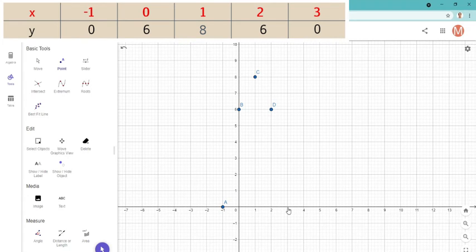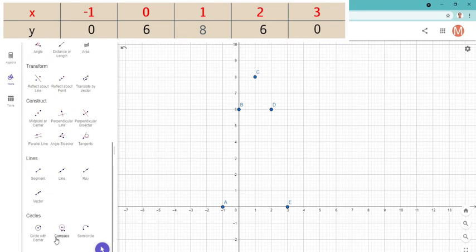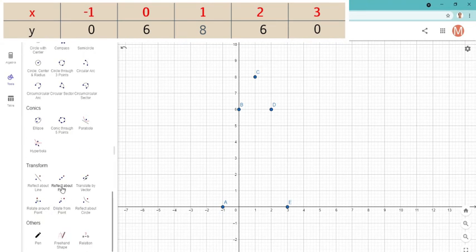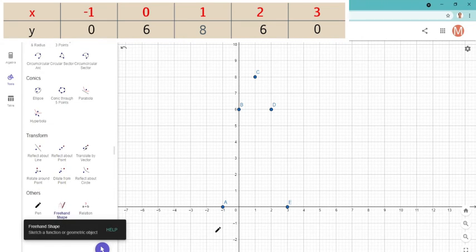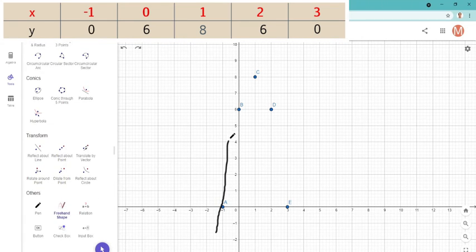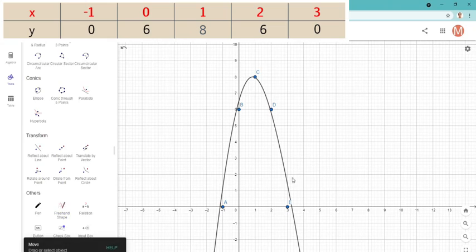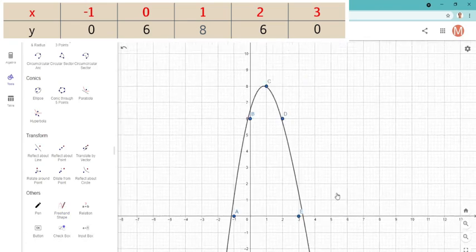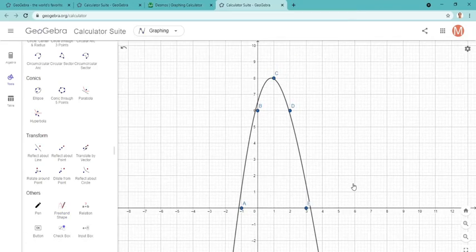Kapag value ng x natin ay 3, 0. Okay, then, connect the dots. Freehand shape. So, ayan ang kanyang graph. So, see, going downward ang graph natin.